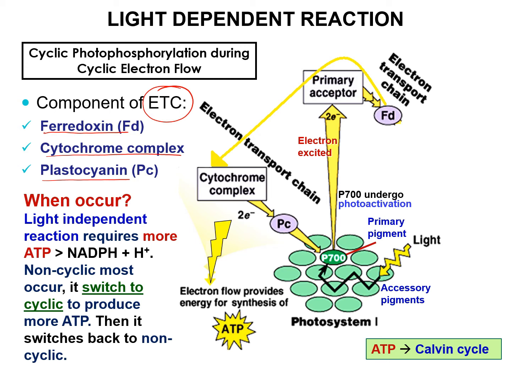Light-independent reaction requires more ATP than NADPH. So, when light-independent reaction requires more ATP than NADPH, the non-cyclic photophosphorylation will occur.